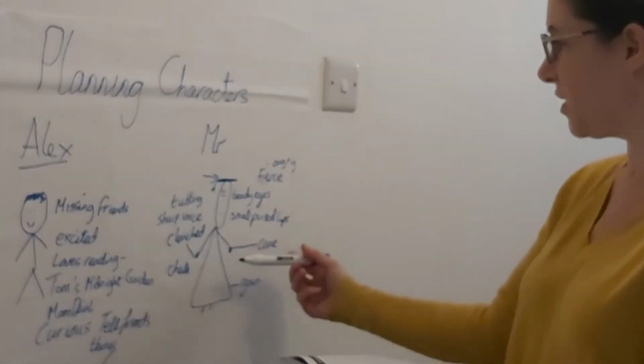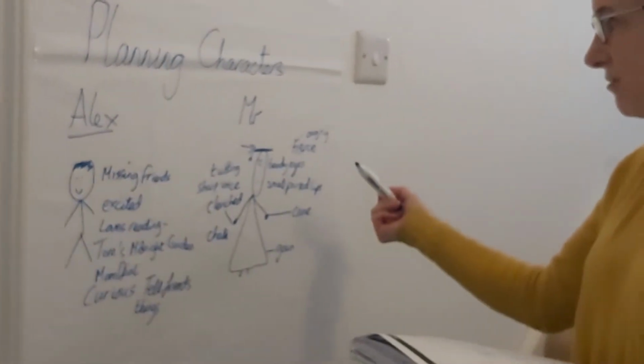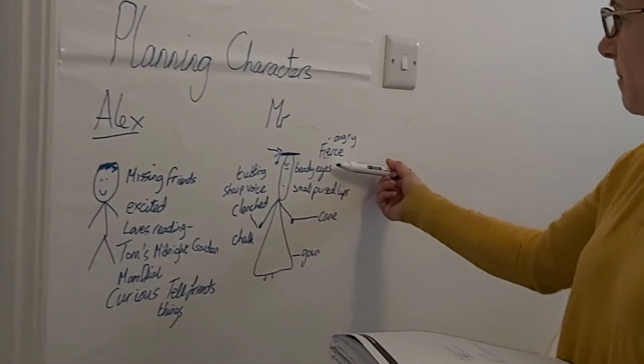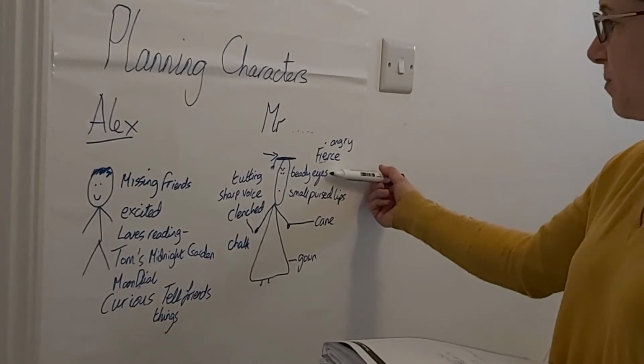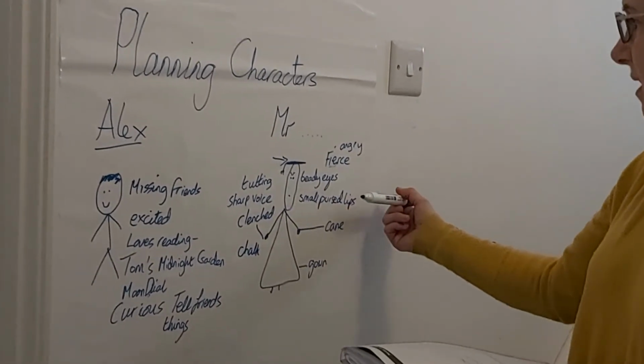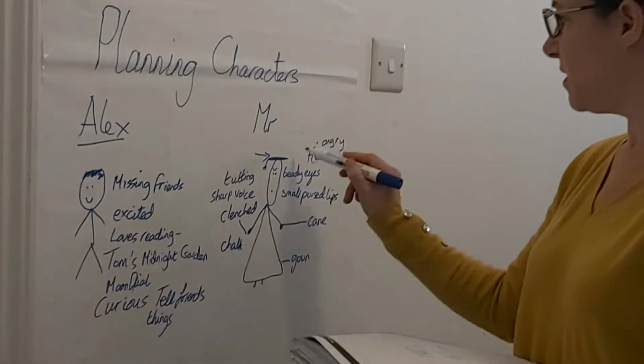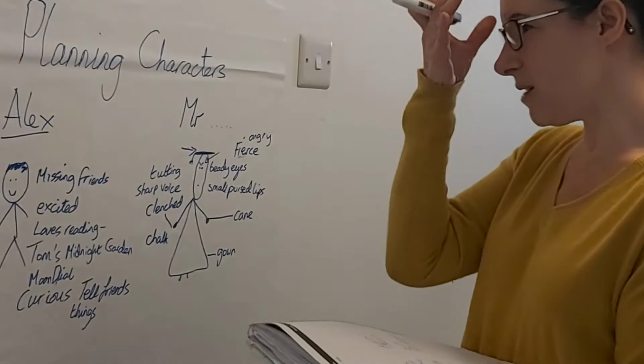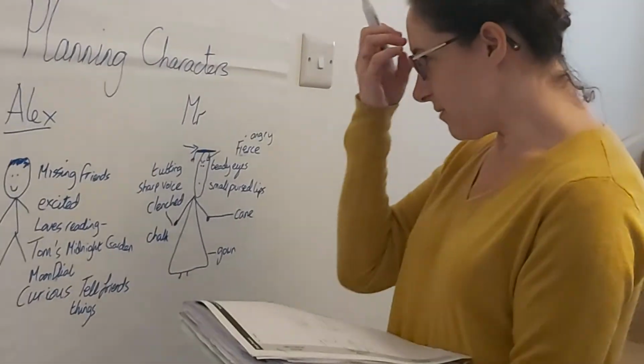So if you think, actually, I haven't said what colour his hair is or anything like that, although you can include that, the things I've described, I haven't said he's got brown eyes or blue eyes, I've said he's got beady eyes. I haven't mentioned his eyebrows, but I could now talk about his eyebrows as well, which I've drawn there. So really thinking his eyebrows are furrowed and frowning.